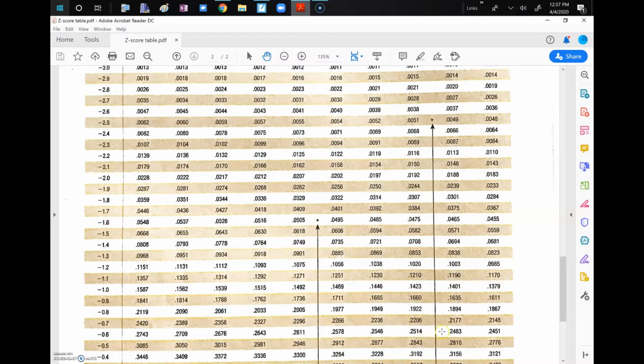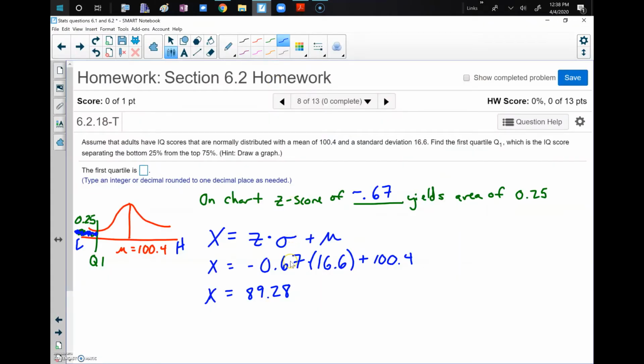One of the things that I find helpful is counting from the end. I know that this is the 9 value for the hundredths place, the 8 value, so this is 7. I'm just counting backwards, 9, 8, 7. So then I know that the value I have here would be a 7 for the hundredths place. So that's where my value of negative 0.67 comes from. Now, once I have that value, they're asking for the data value.